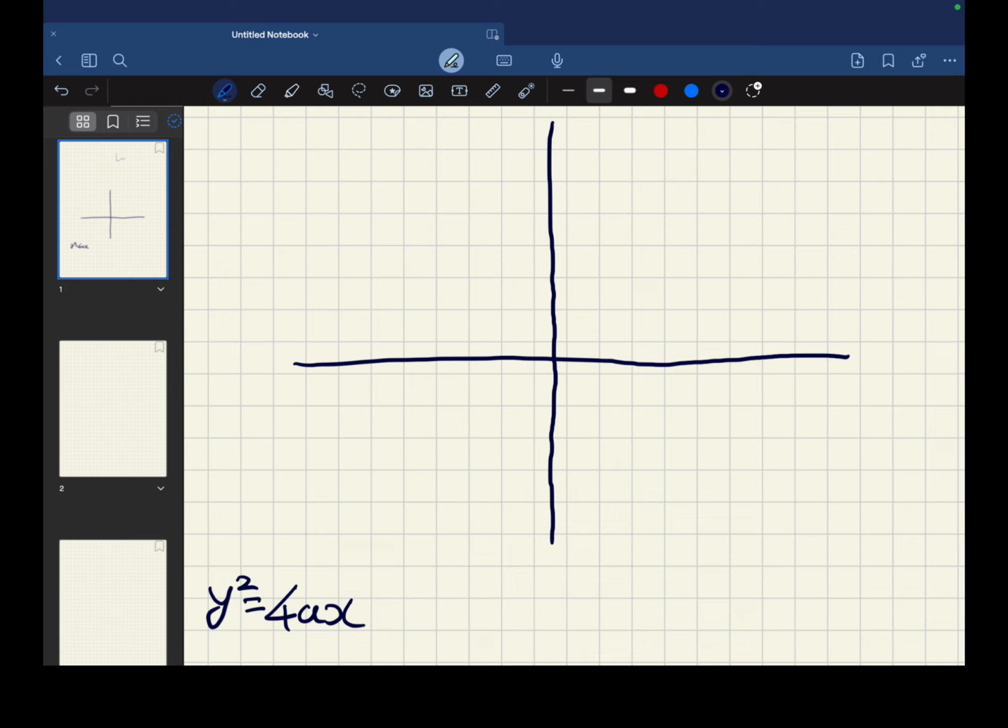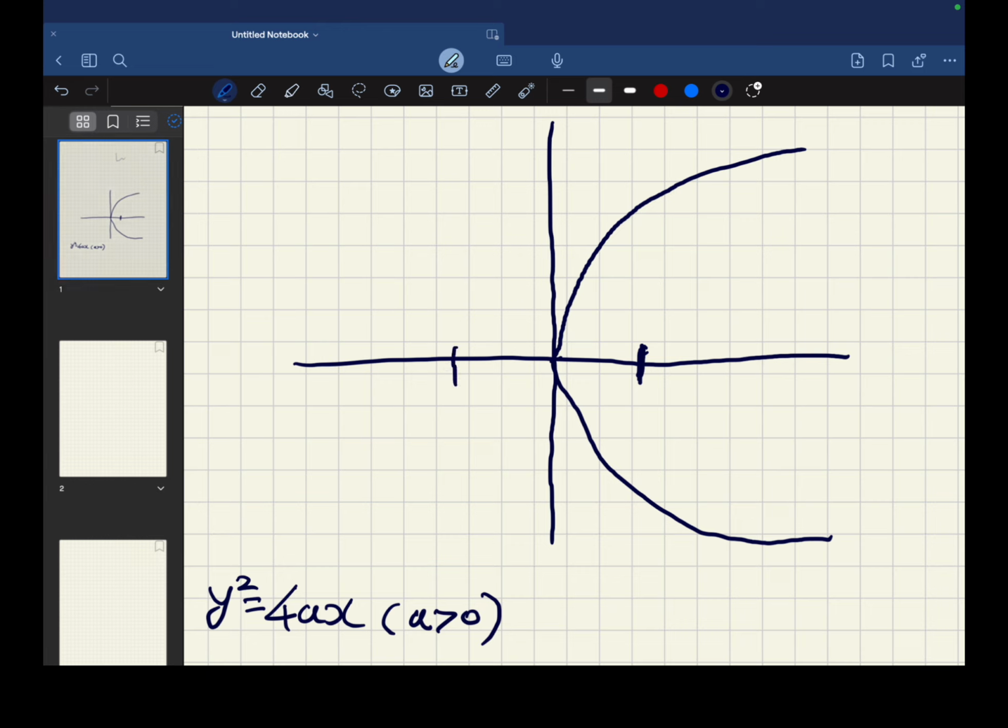Then, since a is positive, the graph would look like this, and the focus of the parabola would be maybe here, though we don't know the exact a value, but we can approximate it just to draw it.